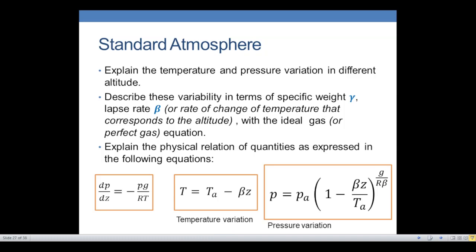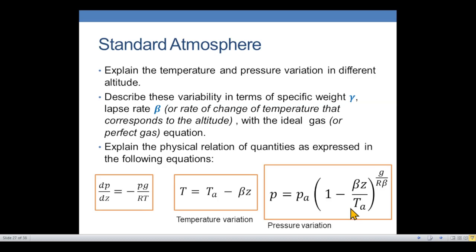And the third equation describes the change of pressure as we move from the surface of the earth going to the upper part, or to any point at a higher elevation in the atmosphere. As you can see, we have a lot of symbols or quantities in the equations, and we're going to describe those quantities later on in this discussion.